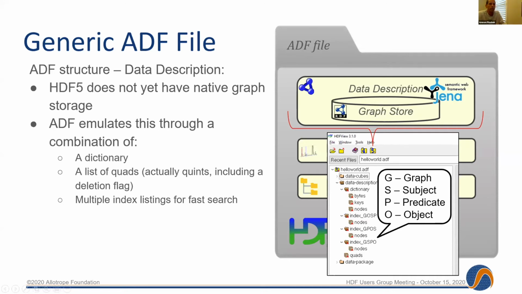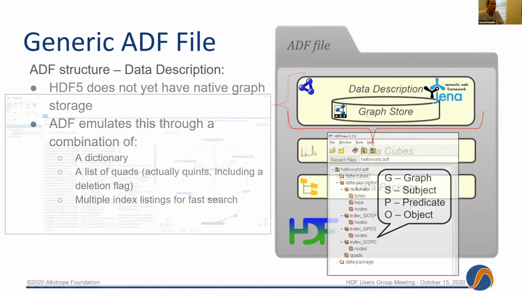Looking at the data description with the HDF viewer, the metadata is quite cryptic, which means you see the dictionary, you see the index for graph, subject, predicate, object, but you can't understand the triple store because it's encoded and emulated through the functionality of the triple store.